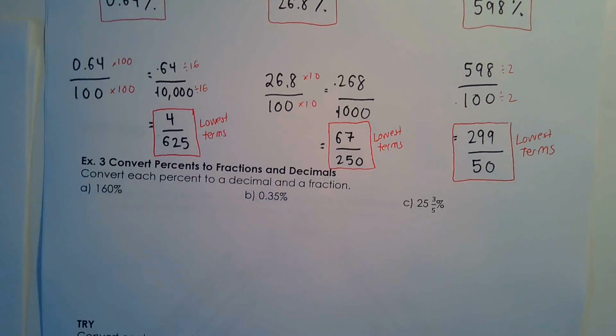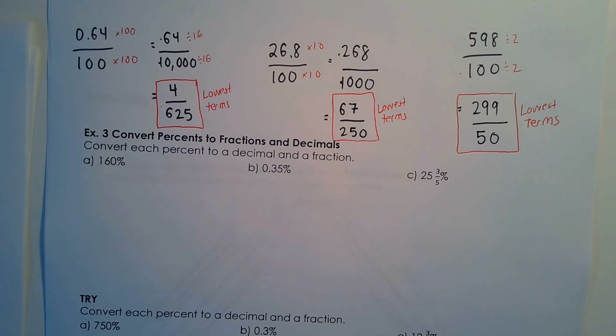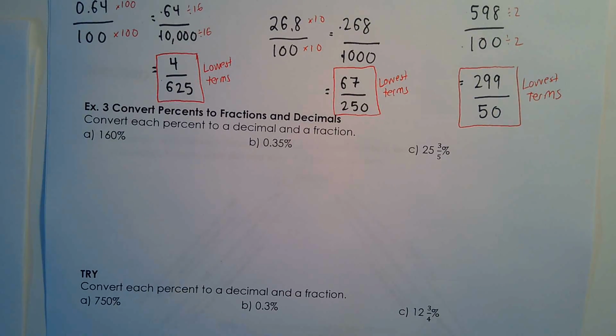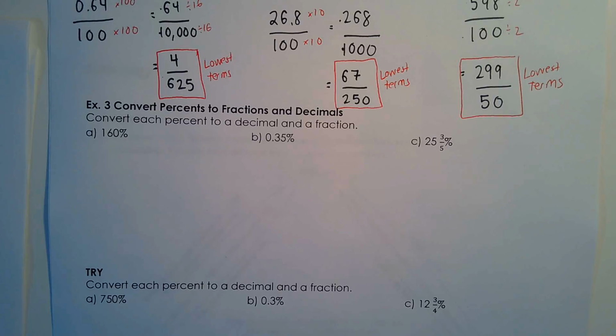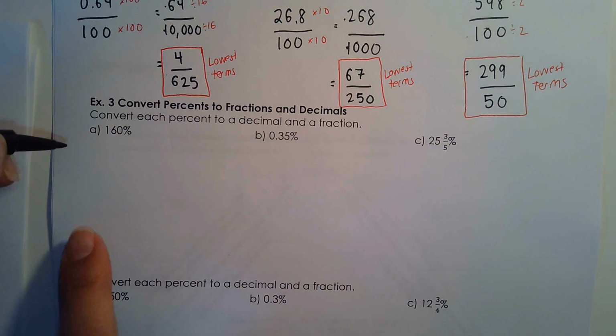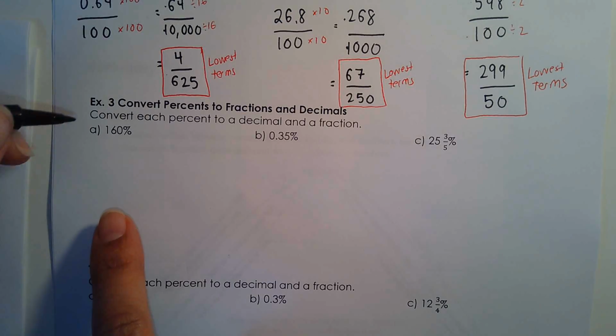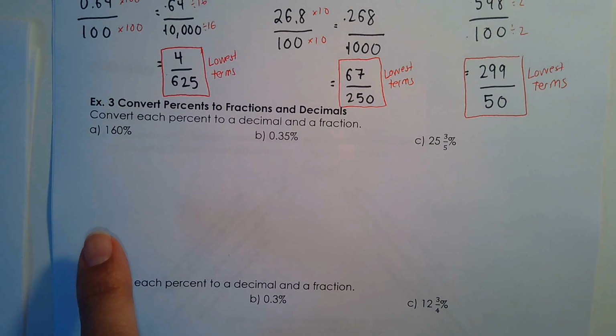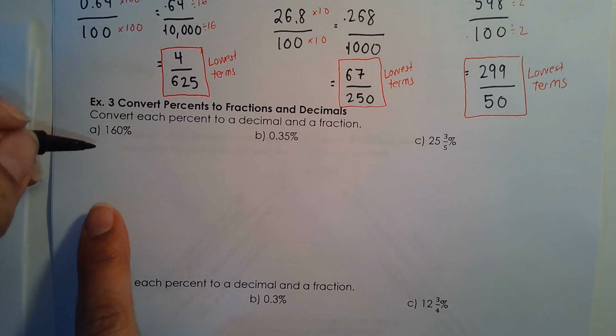Okay, moving on to example 3. Now we're given percentages. We want to turn them into fractions and then decimals. So we have 160%. So we can turn it into a fraction first.